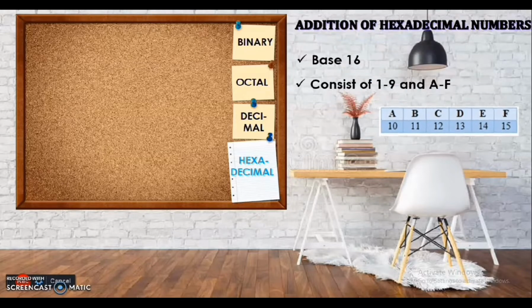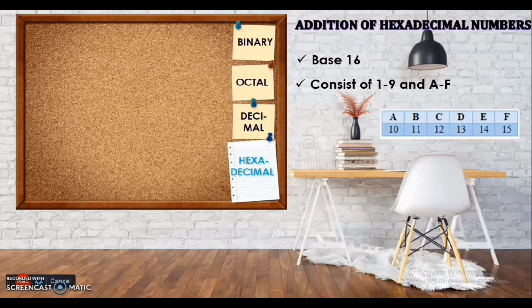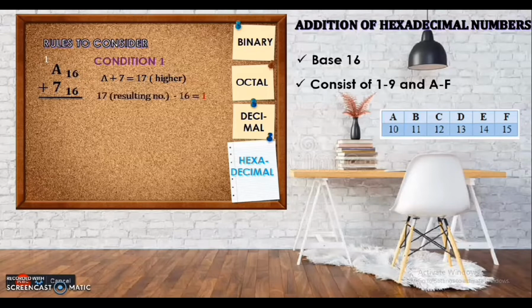And as an addition, hexadecimal numbers also has a rules or condition on adding it. When you add hexadecimal numbers and the result is higher than 16, kailangan nating maglagay ng carry 1 sa katabing numero nito at i-minus ang 16 sa resulting number. At ang matitirang numero ang isusulat natin as final answer.